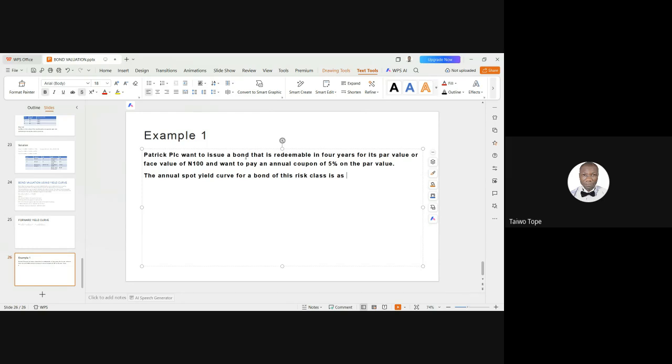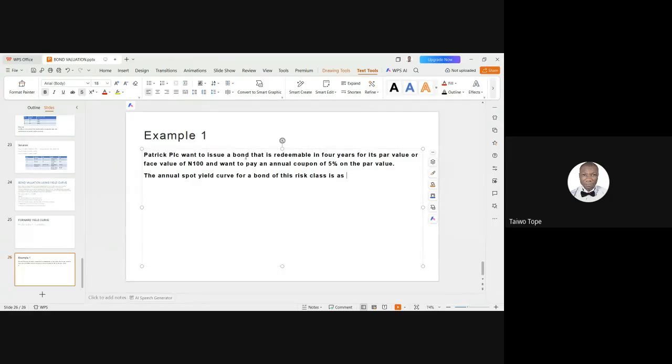This is a flashpoint. It should be noted that bonds that fall within the same risk class will always have the same yield or rate of return. Please underline it very well.